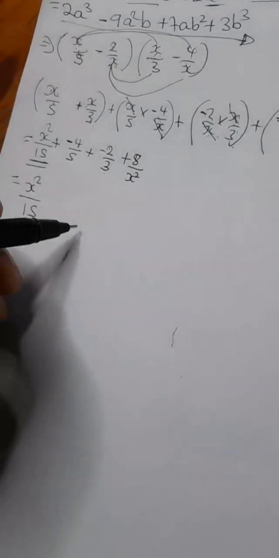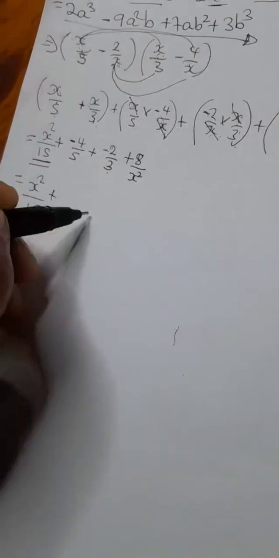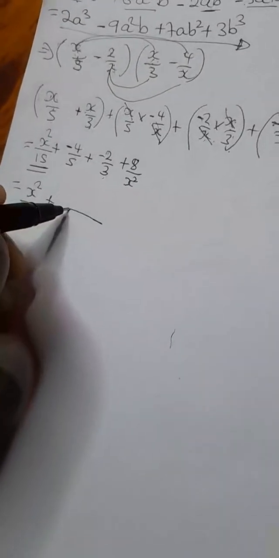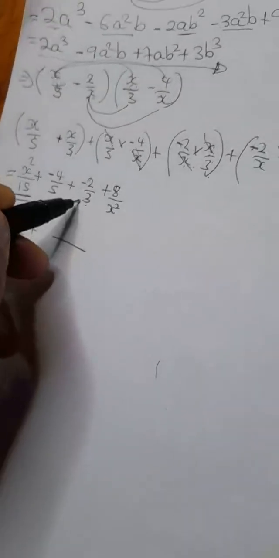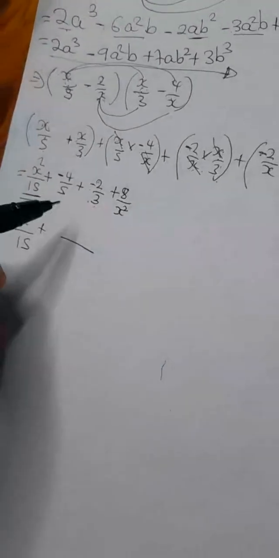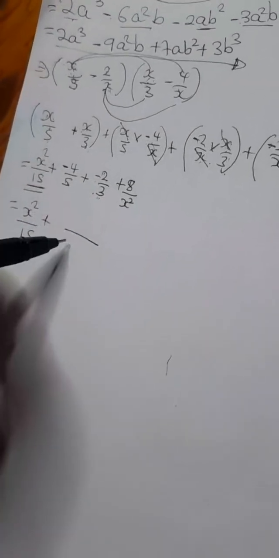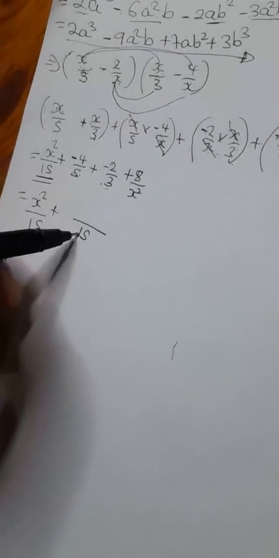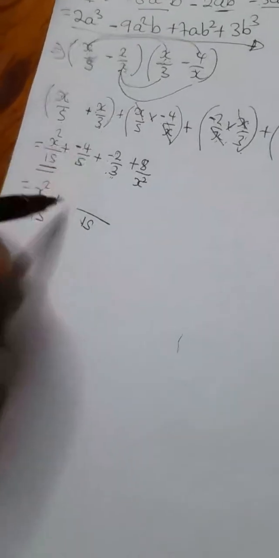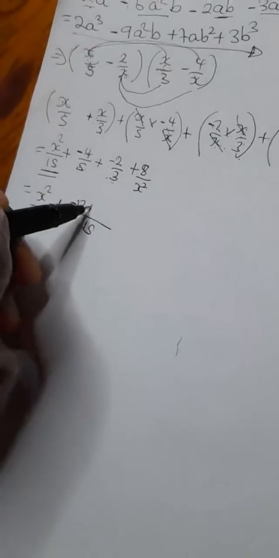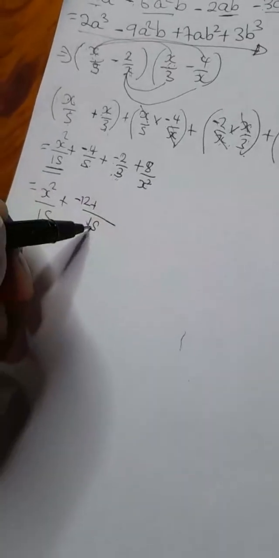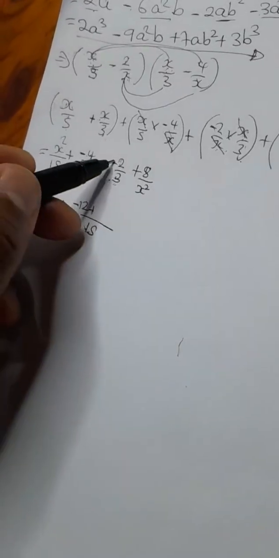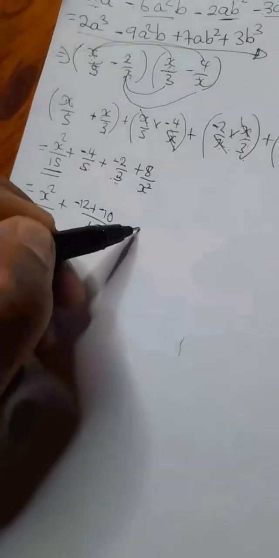How do we do it? We can add using a common denominator, the lowest common multiple of 5 and 3. Or you can just punch it in the calculator, it's easier. I'll do it the old way. 15 is the lowest common multiple. 5 into 15, 3. 3 times minus 4, minus 12. Plus 3 into 15, 5. 5 times minus 2, minus 10.